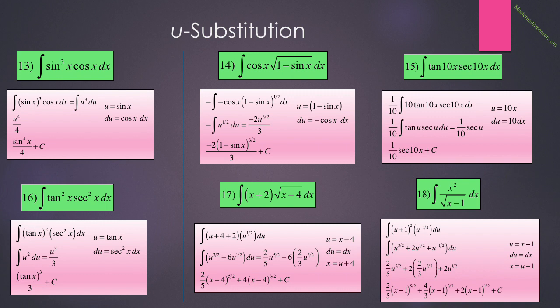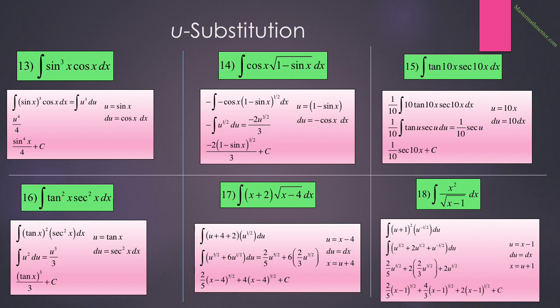Expanding, we end up with u to the 3/2 plus 2u to the 1/2 plus u to the negative 1/2 du. We integrate and get 2/5 u to the 5/2 plus 2 times 2/3 u to the 3/2 plus 2u to the 1/2.